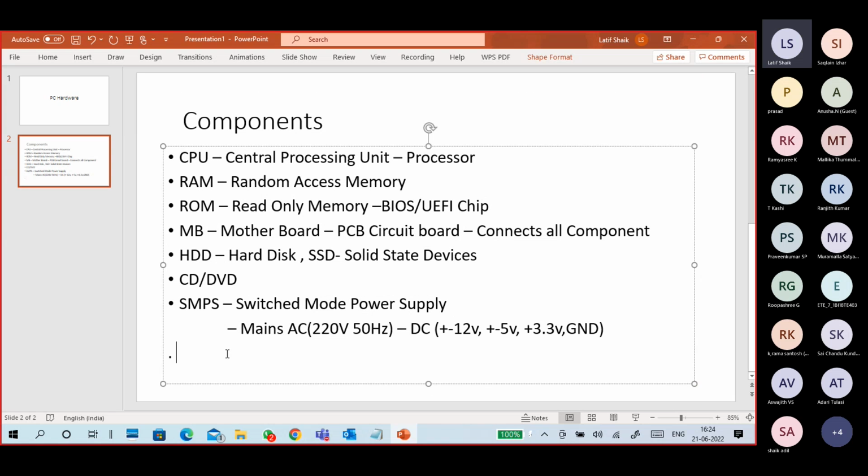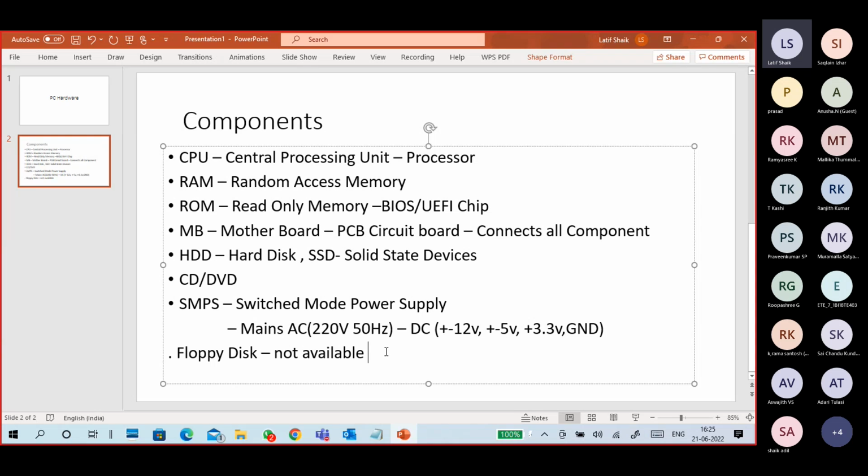Internal components. Of course, floppy disk is nowadays not available. Floppy disk, hard disk or SSD, CD, DVD.